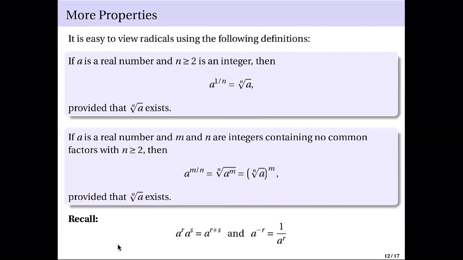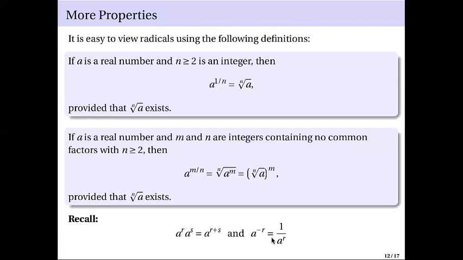And this property here, a to the r times a to the s, that's equal to a to the r plus s. And a raised to negative r, that's equal to 1 over a to the r. So we just recall the properties of exponents that we discussed in the beginning of our course.